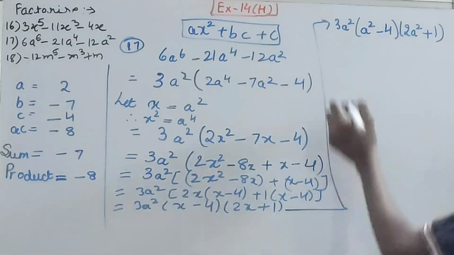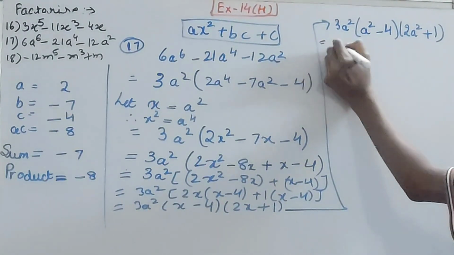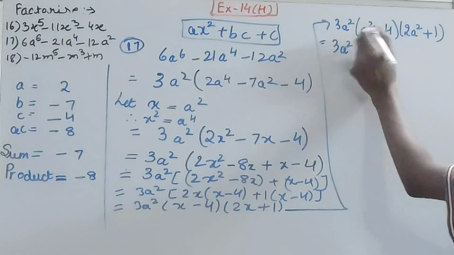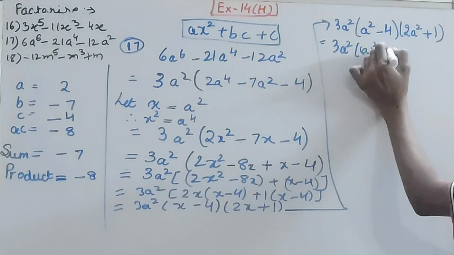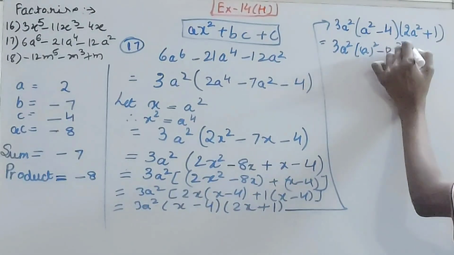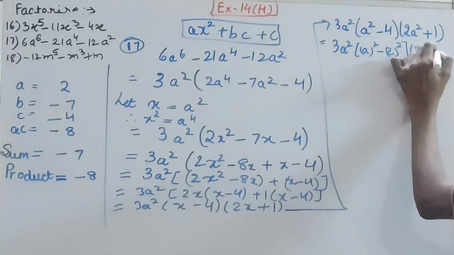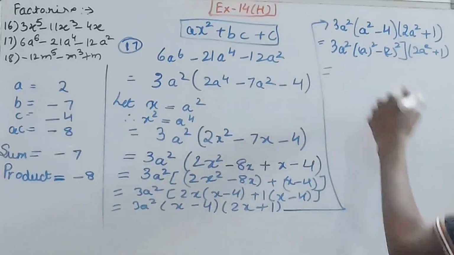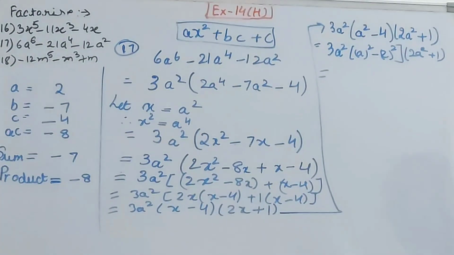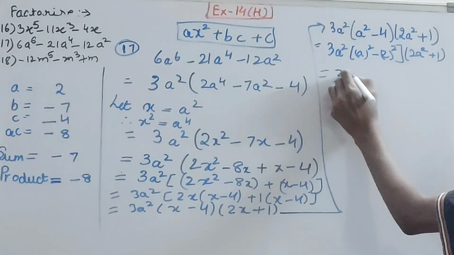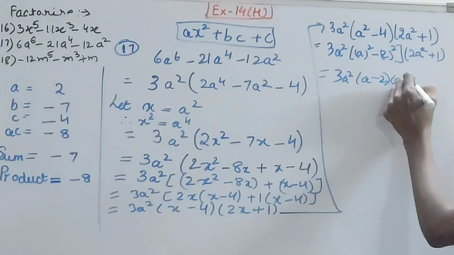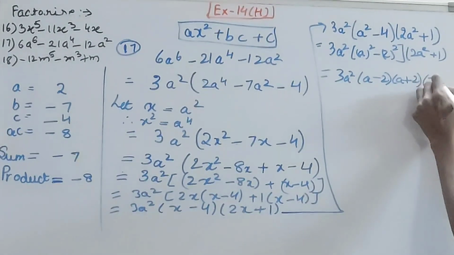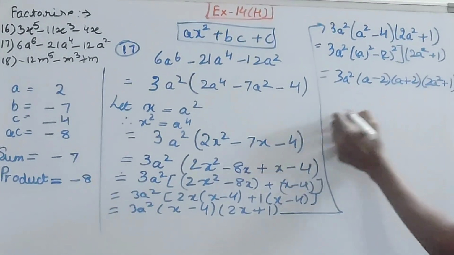Alright, now we can solve this further. 3a square into a square minus 4, you can write this as the square of a square minus 2 square and 2a square plus 1. So we are using the a square minus b square identity. This will give us 3a square into a minus 2, a plus 2 and 2a square plus 1 already you have.